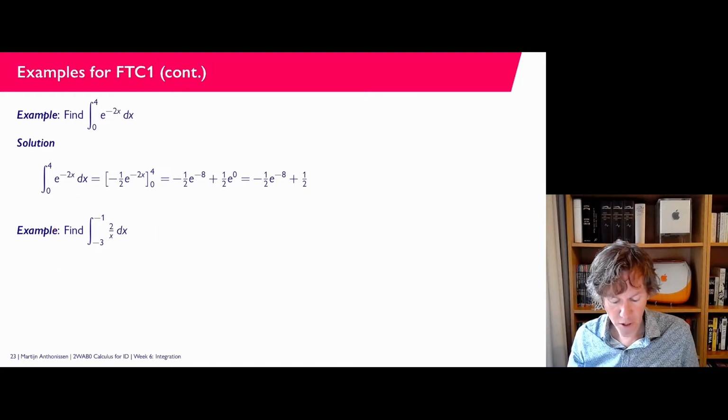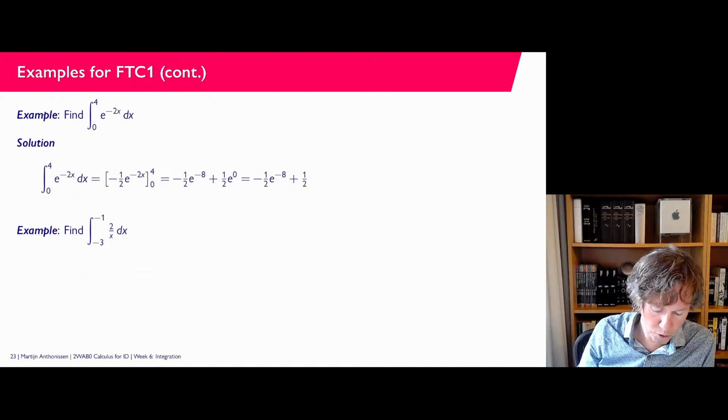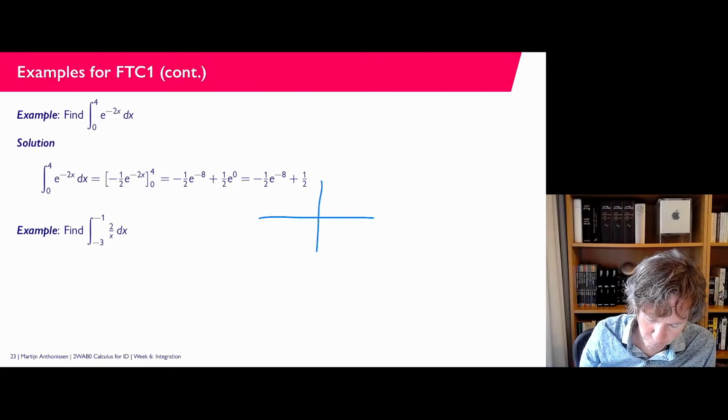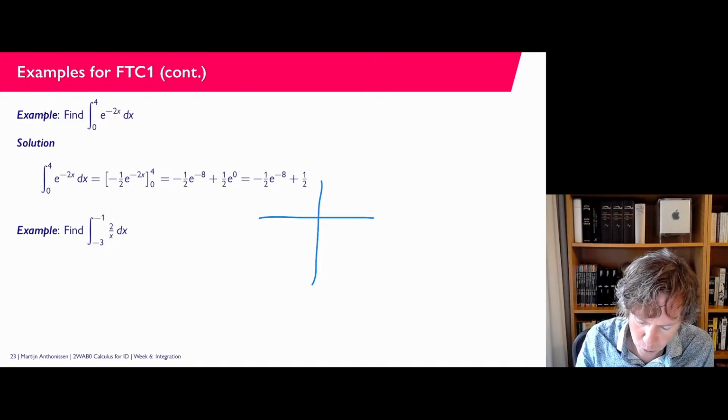Next one, the integral from -3 to -1 of 2/x dx. Now, if you think a little bit about what that means, we have the function 2/x, so what does that look like? If x equals 1, this function equals 2.